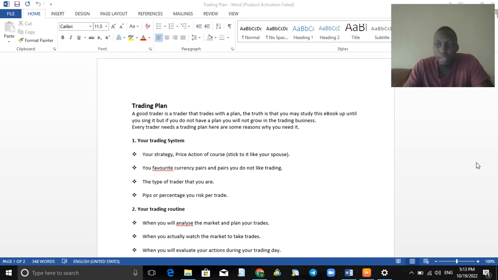So now my main topic today is a trading plan. A good trader is a trader that trades with a plan. Like we have told you before, trading is a business. You have to treat trading like a normal business. Why do we call it a business? Because we incur some losses, some days, some weeks, or some months, and we also make profits some days, some hours, some weeks, some years.